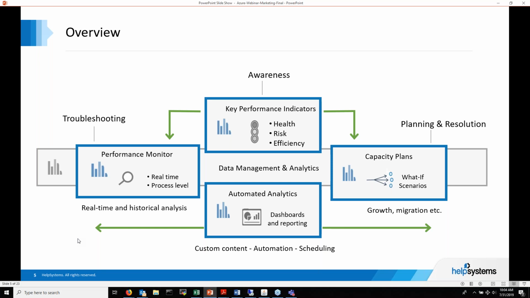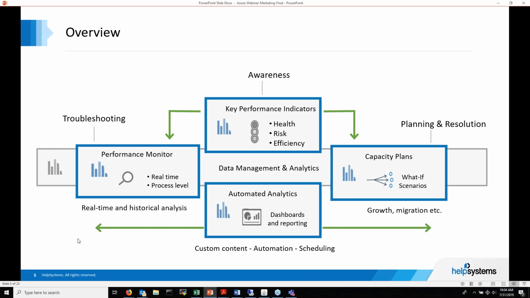And underpinning all of this, we've got something called automated analytics. Automated analytics allows us to run analysis unattended and then notify you via KPIs whether or not you're having any performance issues or there's any performance issues coming up.